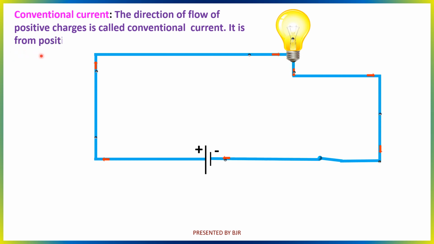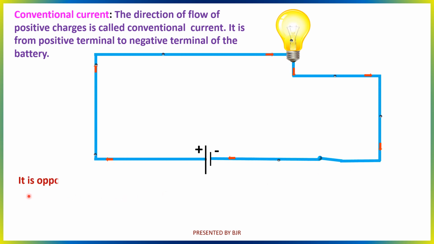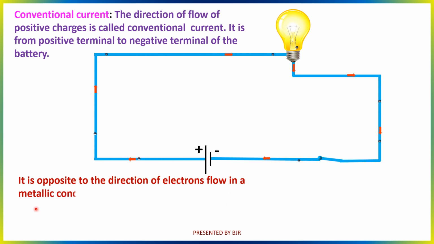It is from positive terminal to negative terminal of the battery. And here it is opposite to the direction of electrons flow in a metallic conductor.